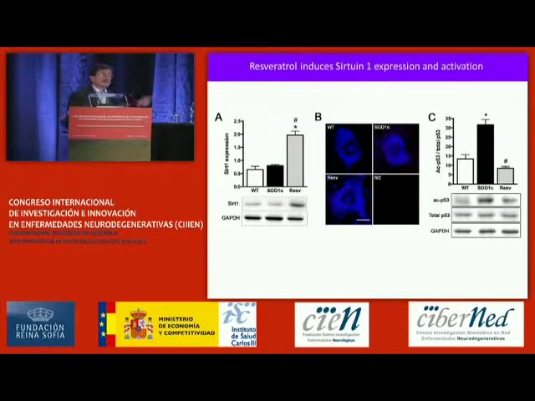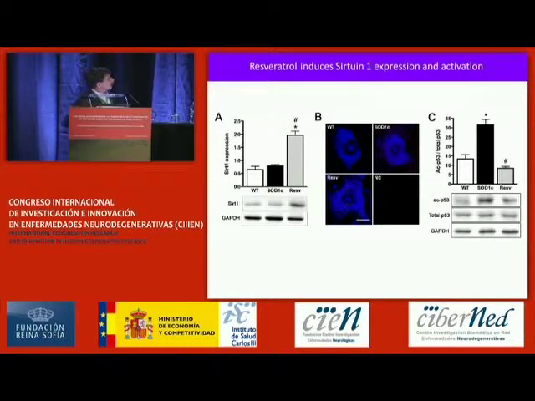To look for the potential effects that have been targeted by resveratrol, we look at the sirtuin expression. And as you can see, resveratrol was able to activate sirtuin-1 expression very highly in the spinal cord. And when we look at the immunohistochemistry, we found that the expression of sirtuin was really effectively apparent in the motor neurons.